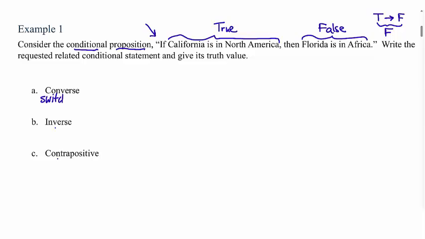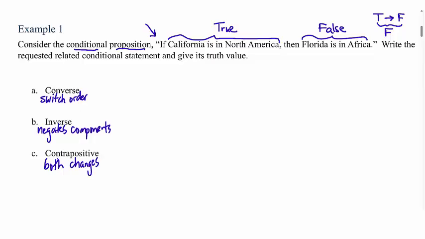We switch the order of the hypothesis and the conclusion. The inverse keeps the order the same, but it negates the components. It negates the hypothesis and negates the conclusion. And the contrapositive makes both changes. It both switches the order and negates the components.